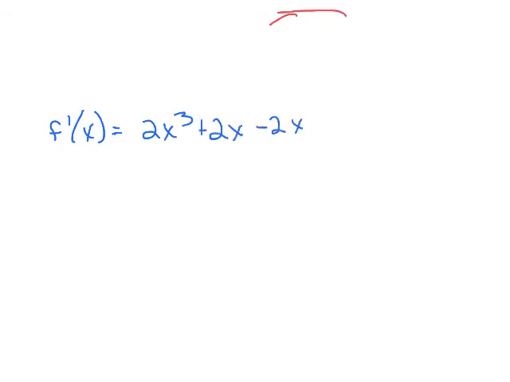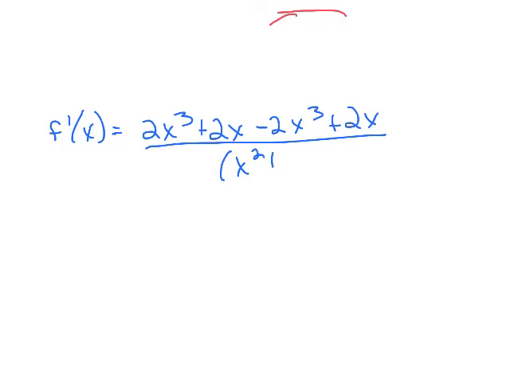So here we go. I'm going to distribute the negative into the parentheses, and it leaves me with f prime of x is equal to 2x cubed plus 2x, and now I have minus 2x cubed plus another 2x. You have to be careful when you distribute that negative.